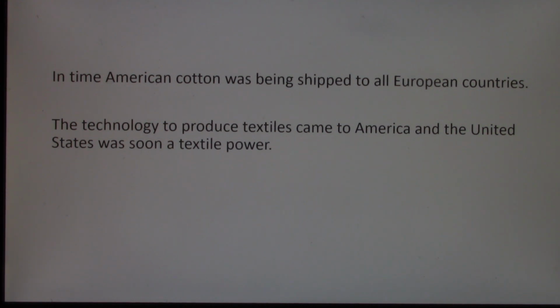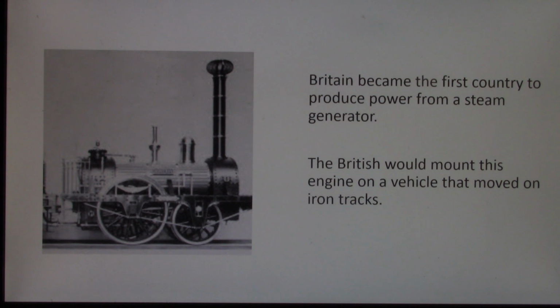Now, the technology to produce textiles came to America, and America soon became a textile power. But it's important to put in your notes that the United States is going to lead the world in the production of cotton. Britain will be the first country to produce a steam generator.